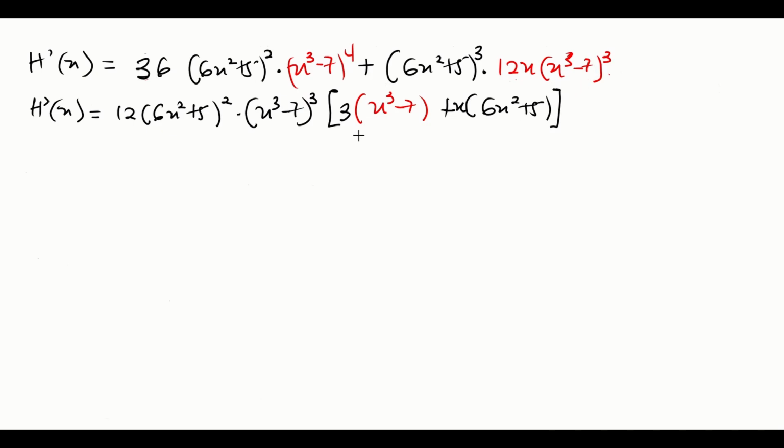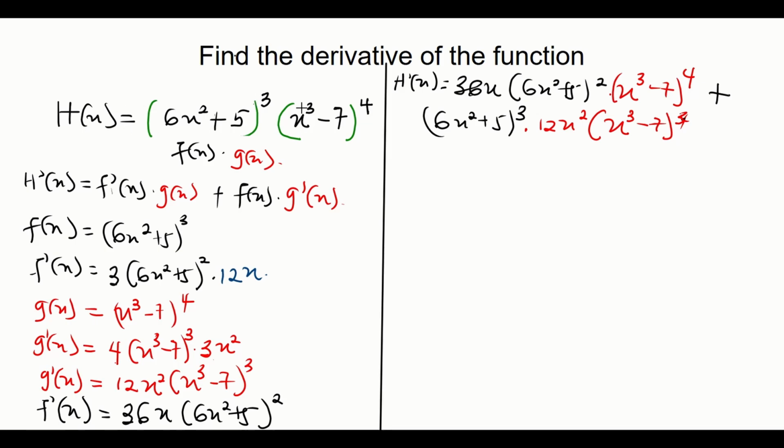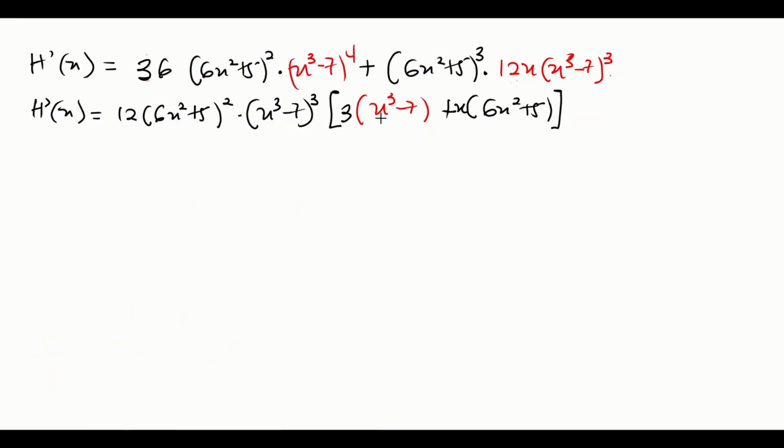When we find the derivative of a function like this, your true result should be 12 multiplying (6x² + 5) all to the power 2, multiplying (x³ − 7) all to the power 3. All this being factored out is going to multiply into the bracket 3 multiplying (x³ − 7) plus x multiplying (6x² + 5).